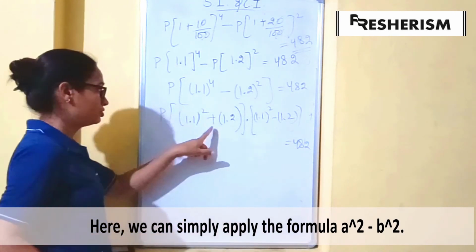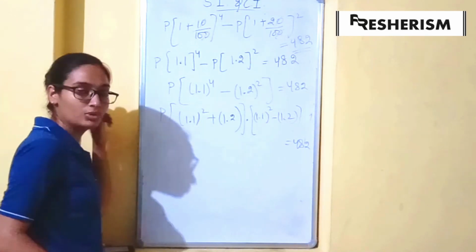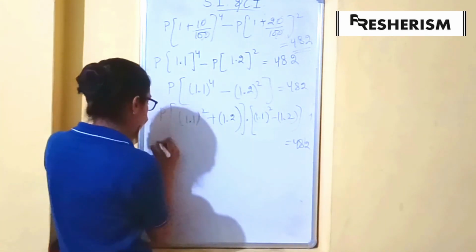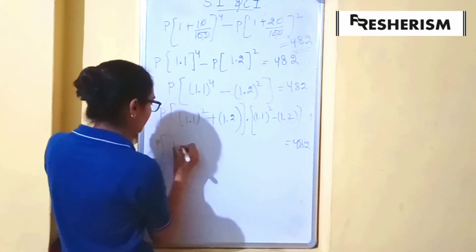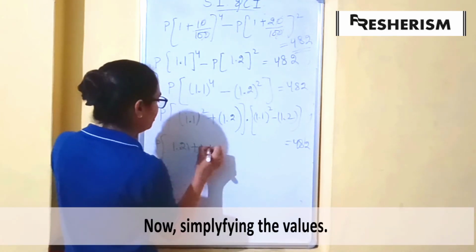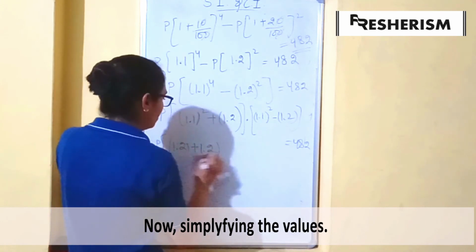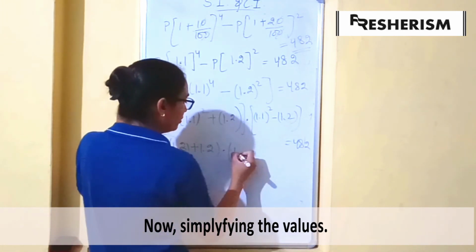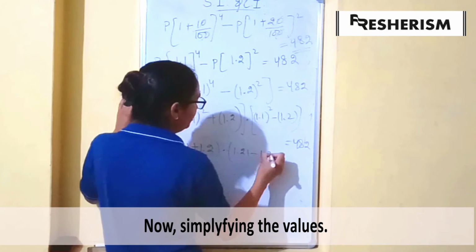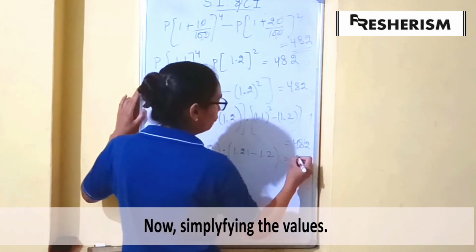On solving this, 1.1 square equals 1.21. So P times 1.21 plus 1.2, multiplied by 1.21 minus 1.2, equals 482.